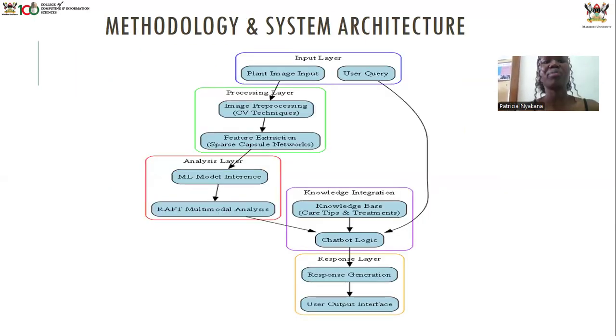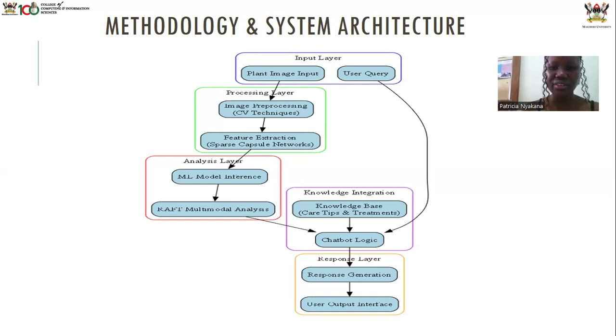And this is how the methodology looks. To access the models, there's a user interface where the user has to log in and either upload or take a picture of the image they want to detect diseases in.